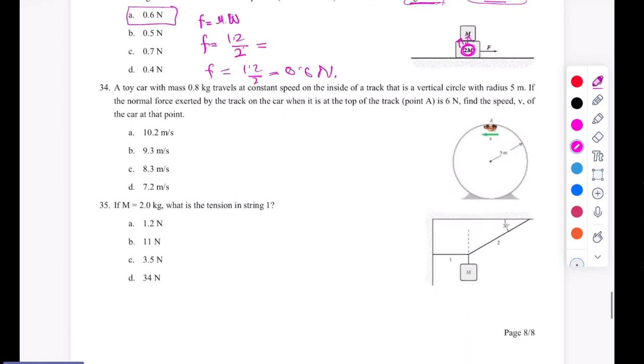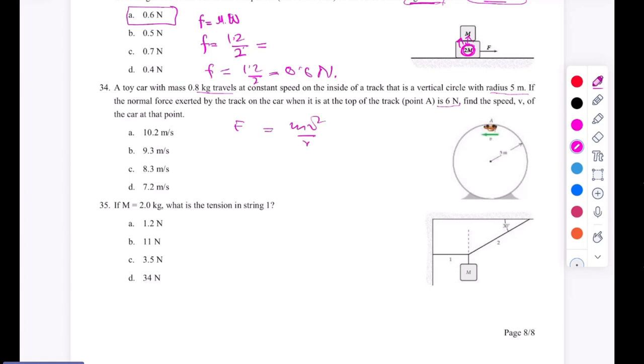Question number 34. A toy car of a given mass moves at a constant speed inside a track of a given radius. If the normal force exerted by the track on the car at the top of the track is 6 Newton, find the speed of the car at this point. So the centripetal force is mv square over r.